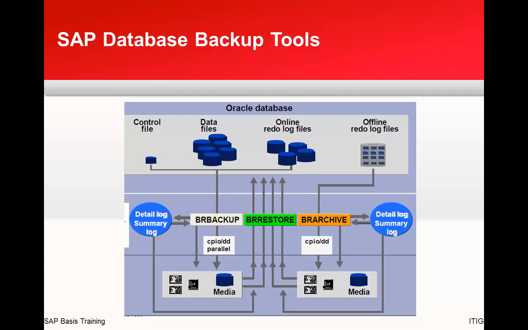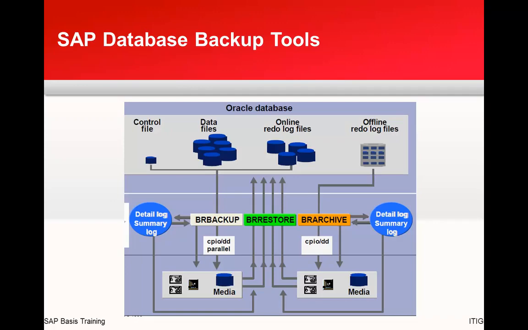Then the tools: BRBACKUP, using which you take a backup, BRARCHIVE, and BRRESTORE in case a restore is required, and for copying to the media you have CPIO or DD. These are system commands.